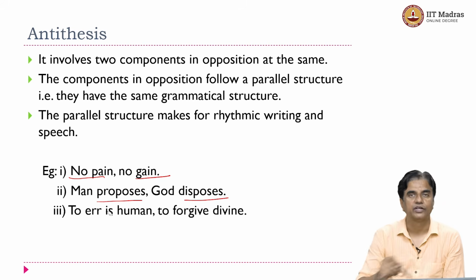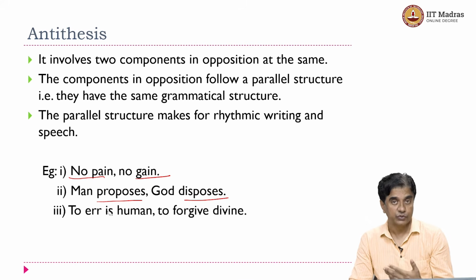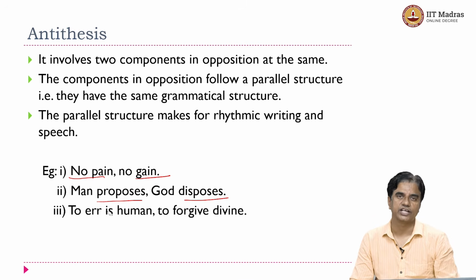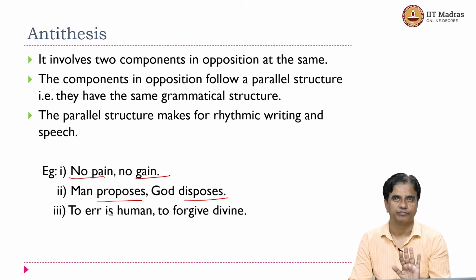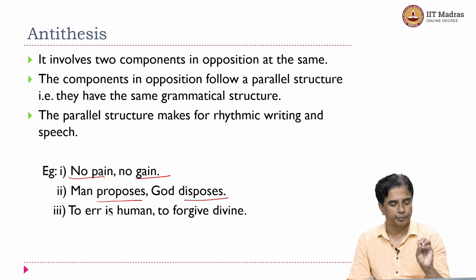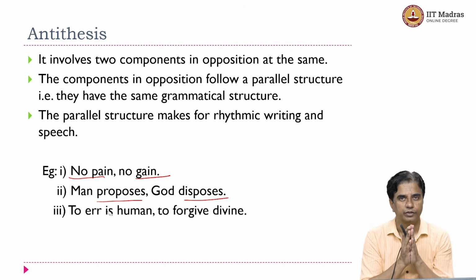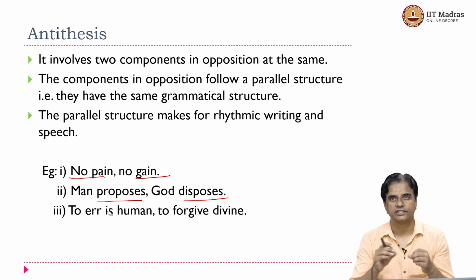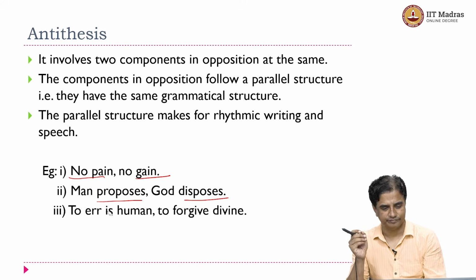So this usage is called antithesis. Again, go back and check, look at the attributes. Two components in opposition at the same time. So pain and gain are two things, they are rhyming, but two components, they are opposite of one another.